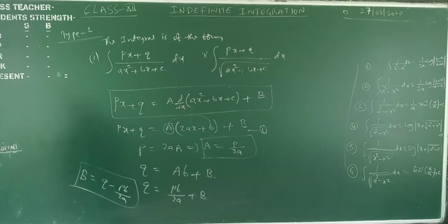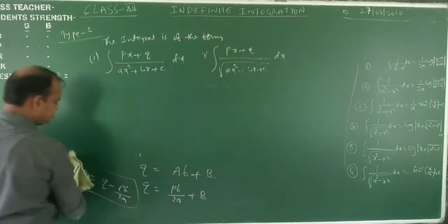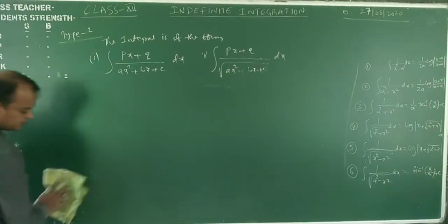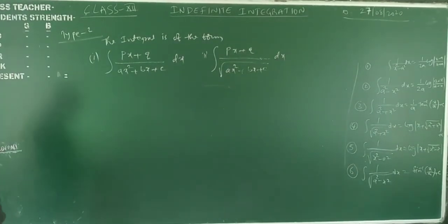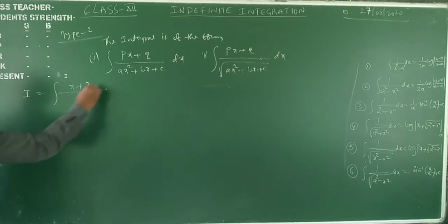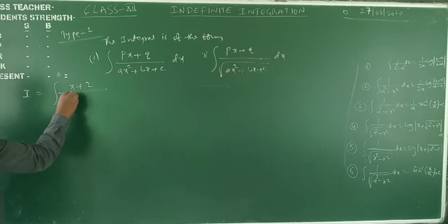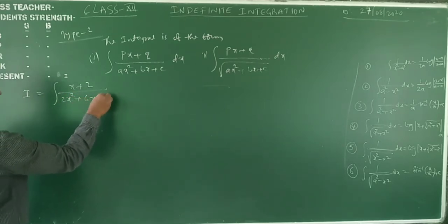Now I am explaining one more problem. I is equal to the integral of x plus 2 by 2x square plus 6x plus 5 dx.